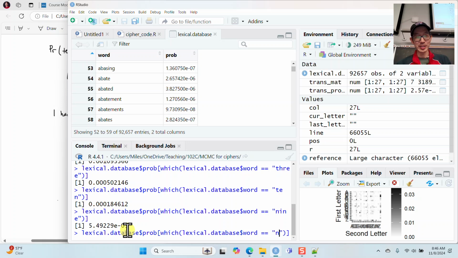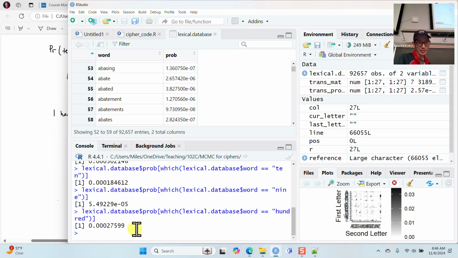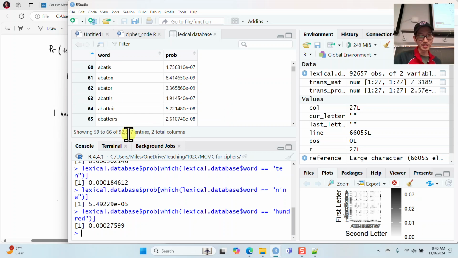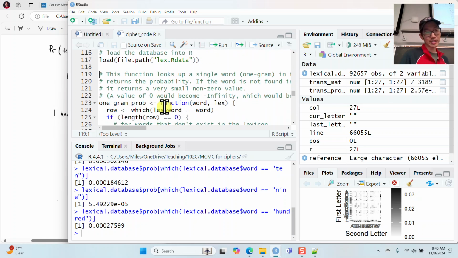What about 100? So 100 is more common than 10. Look at that. 10 is 0.0018, 0.00027. Anyway, you can go through and look for all of these different words. There are 92,000 words in here. So that's what we have there.